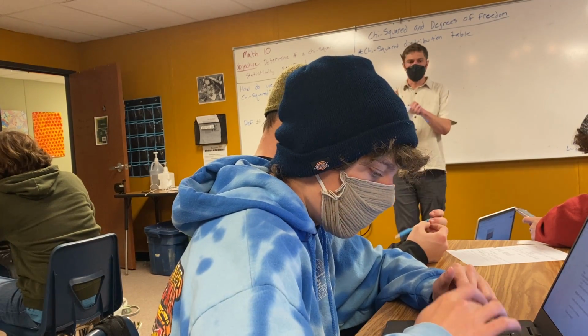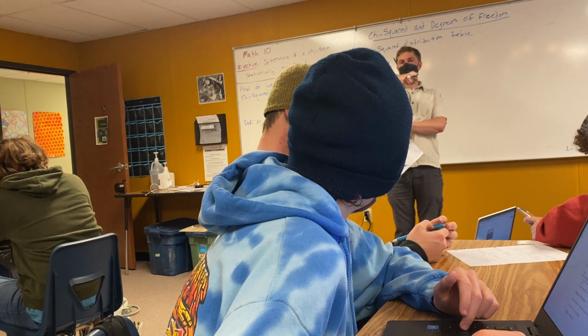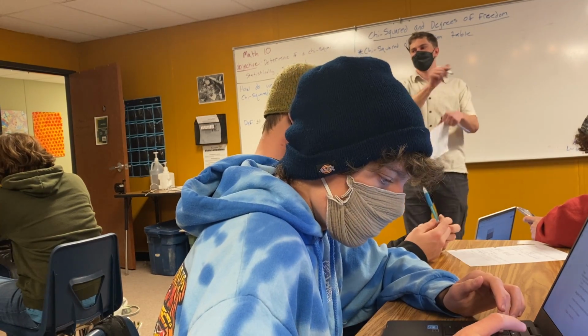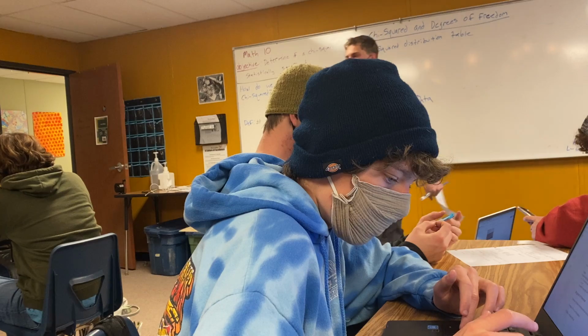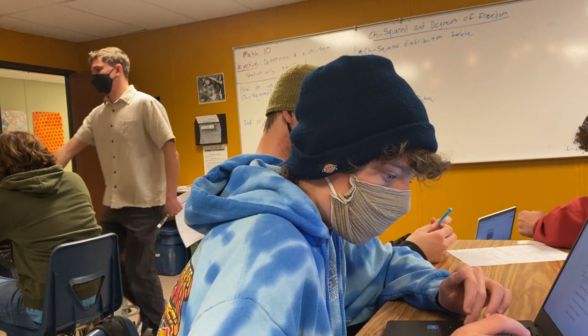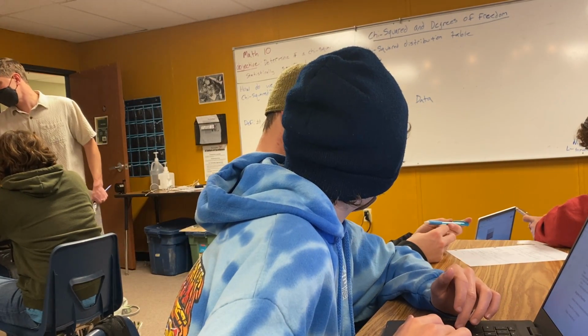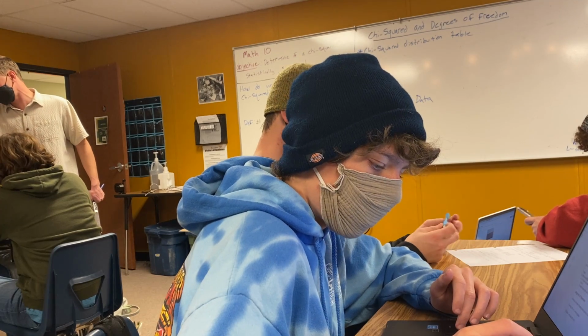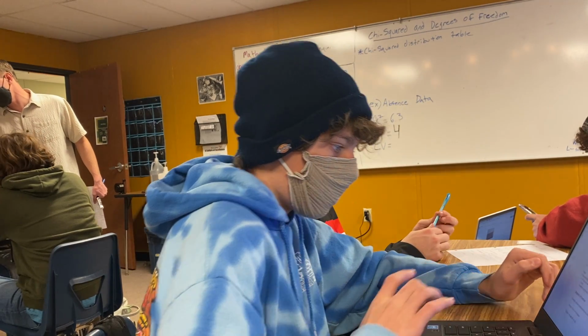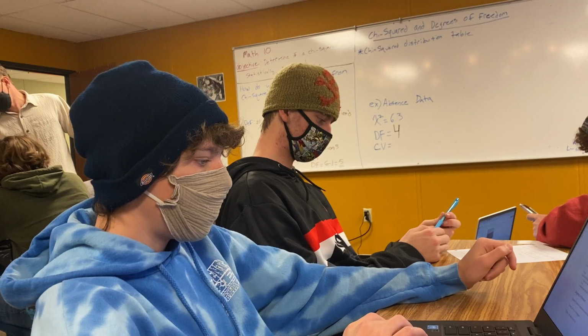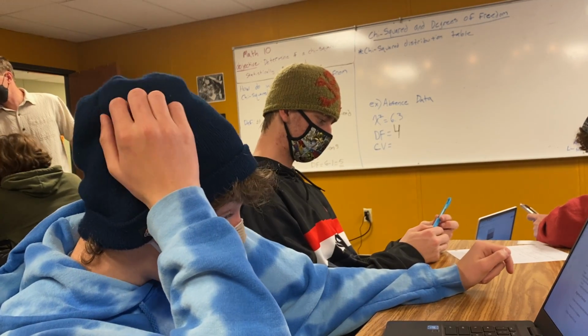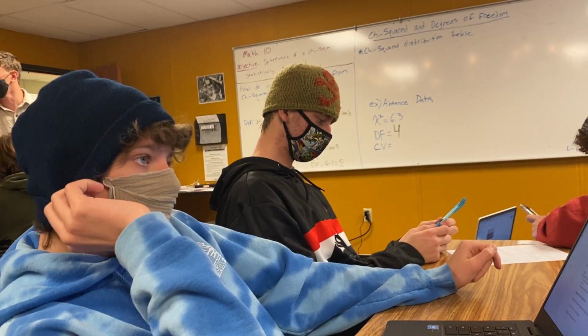All right, so on your table, I want you to look at the little chart I have taped to your table. It says critical values of a chi-square distribution with degrees of freedom. If you look on that table, you see that D, that's our number of degrees of freedom.